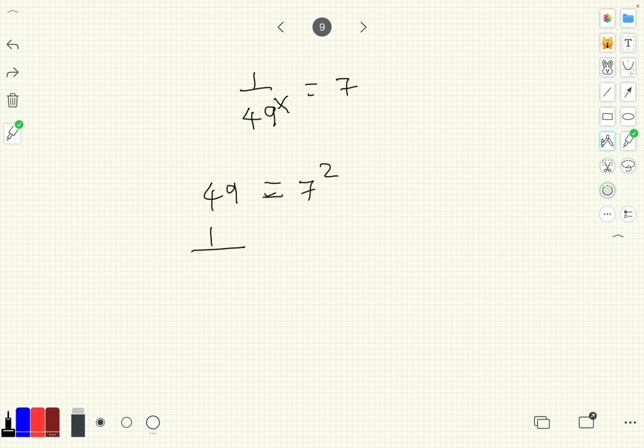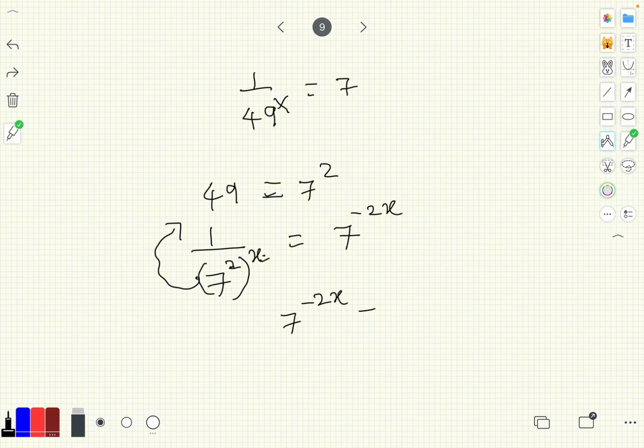So this is going to be 1 over (7 to the 2) to the power x. Now this can be written as 7 to the 2x, power to the power, 2 into x, 2x. This denominator, if you write it as the reciprocal, it is 7 to the minus 2x. So 7 to the minus 2x is equal to 7 to the 1.